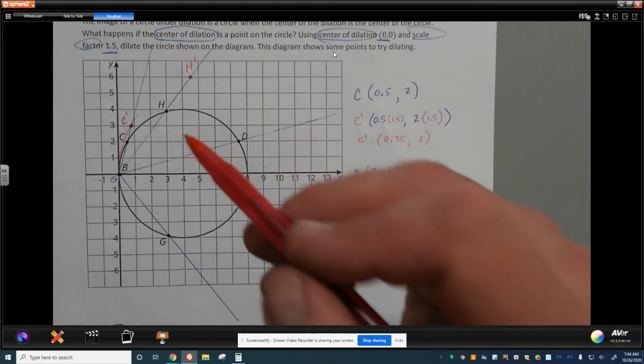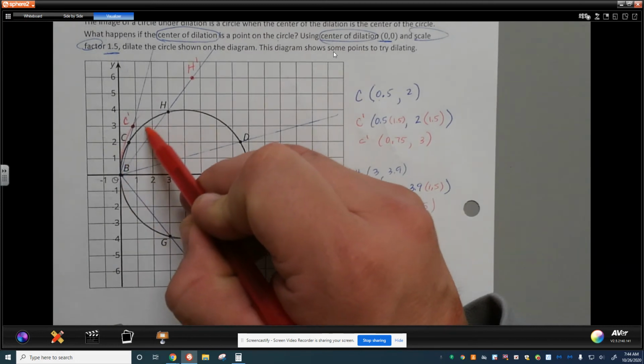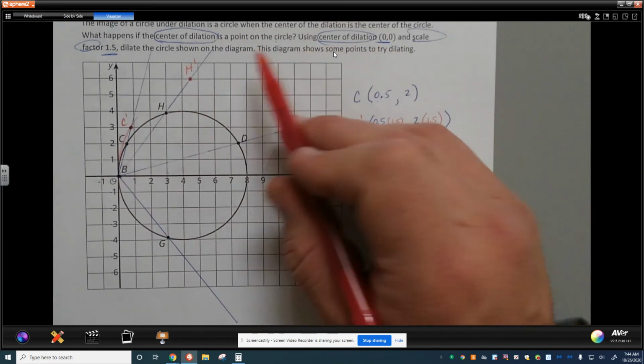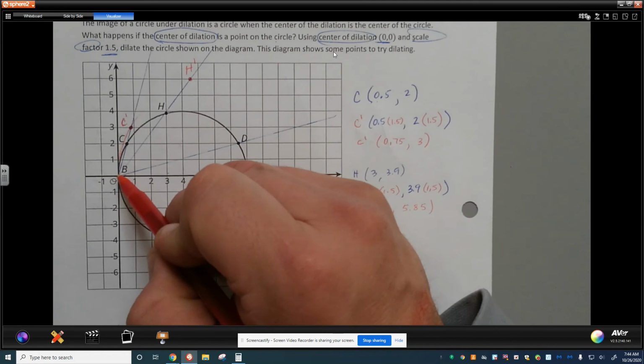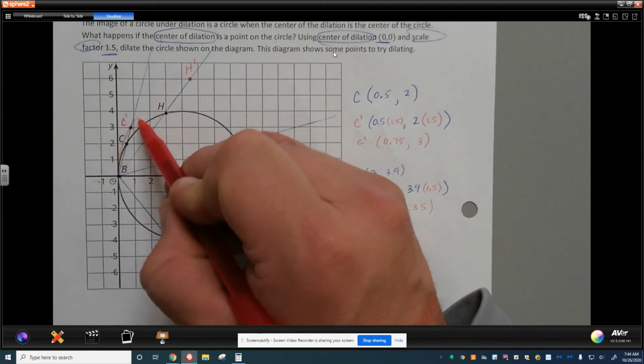Now here's the hard part. As we get further away with our dilations because of the center dilation and our scale factor, it actually gets a little bit harder to figure out exactly where that arc is.